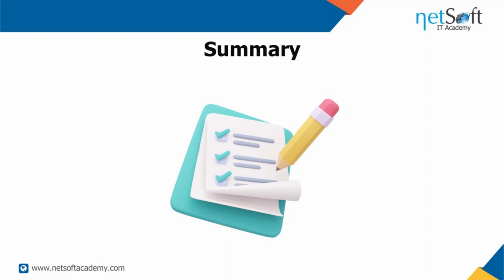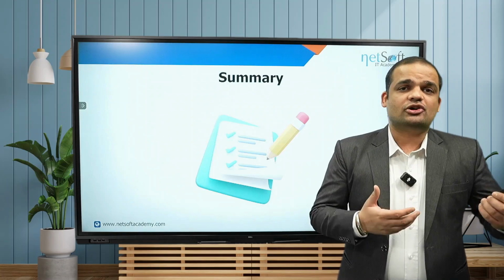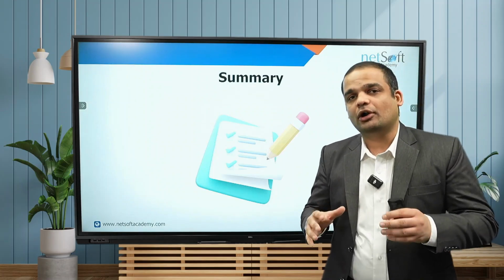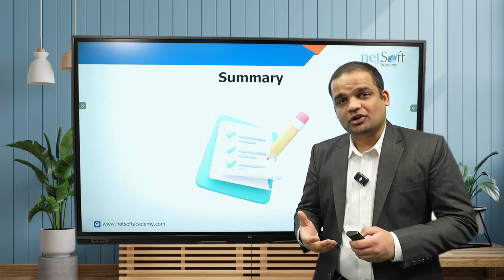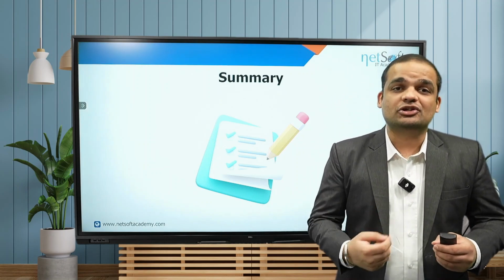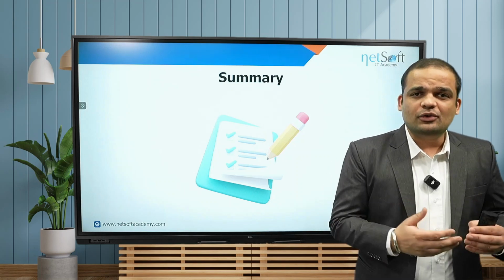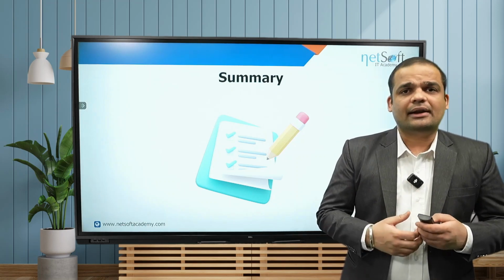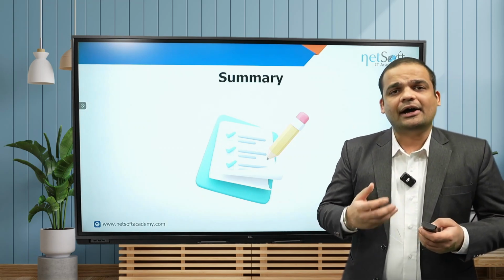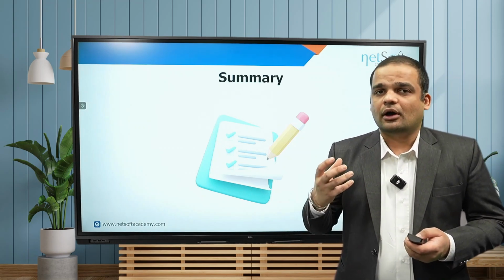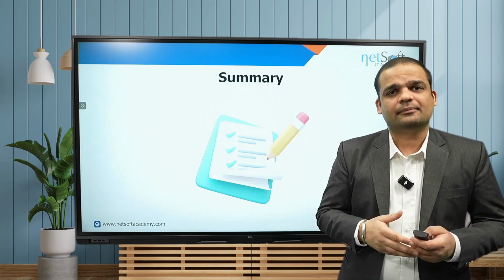Now, let's summarize this whole module. You should use Azure Monitor to track overall network performance. Then you should rely on Network Watcher for finding network issues. Use traffic analysis to understand your traffic flow and identify any performance issues or bottlenecks.